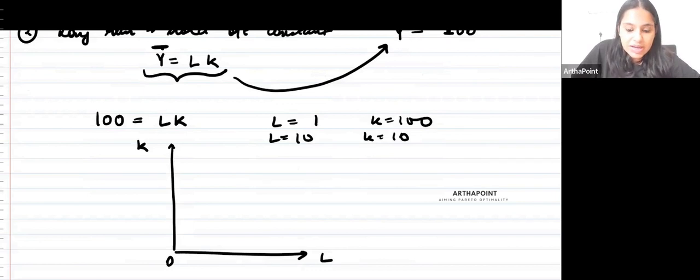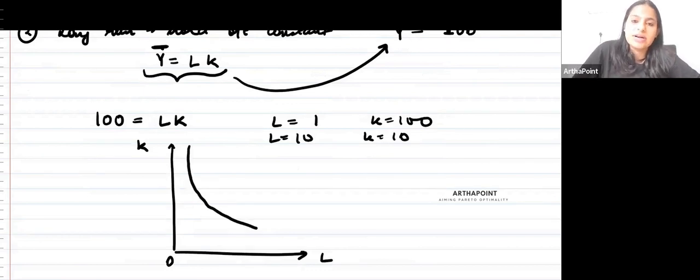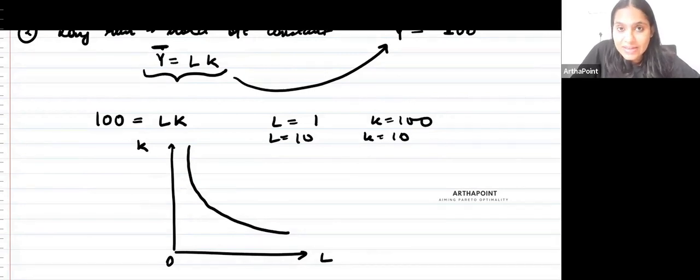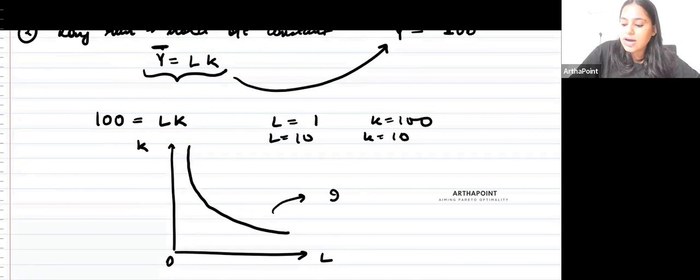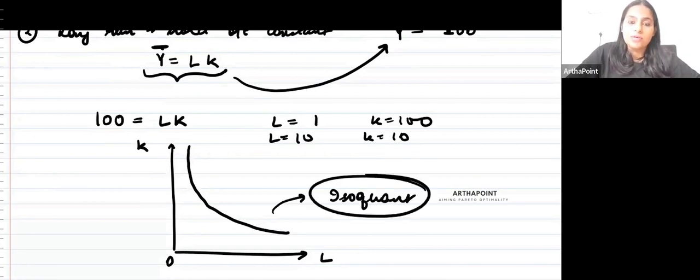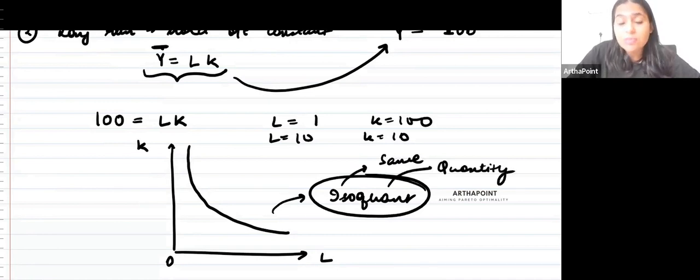Otherwise, it will be a 3D diagram. So this level curve that I will get between L and K will be called an isoquant, where iso means same and quant means quantity. So isoquant means same quantity, equal quantity.